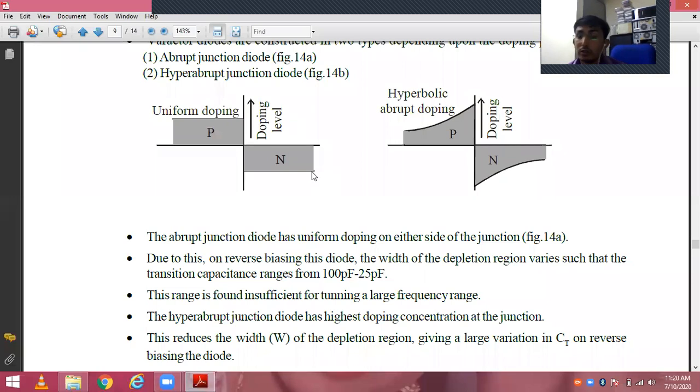This is a sufficiently large range for tuning a large frequency range.